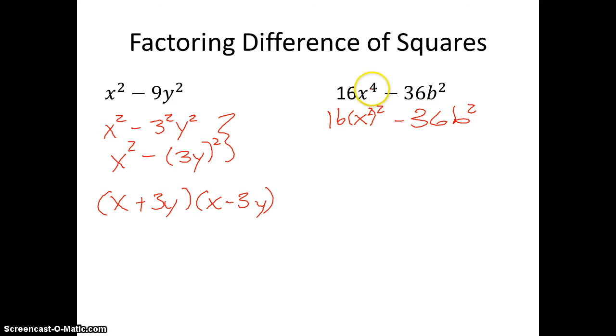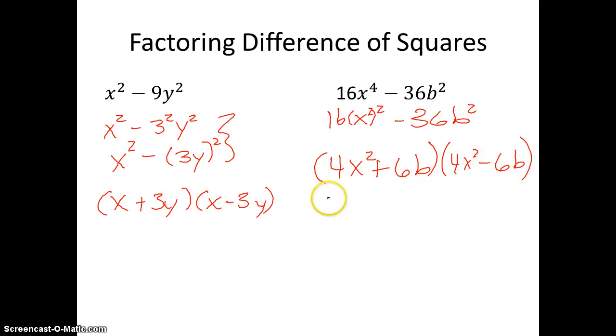So if you have something to the 4th, think of it as that term squared squared. So now we can look at this and go ahead and factor it. The square root of 16 will be 4x squared, the square root of 36 is 6b. And then 4x squared minus 6b. And you can always check your work by multiplying it back out with the FOIL method.